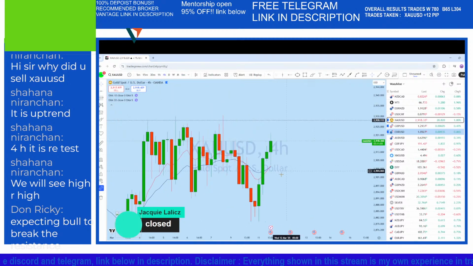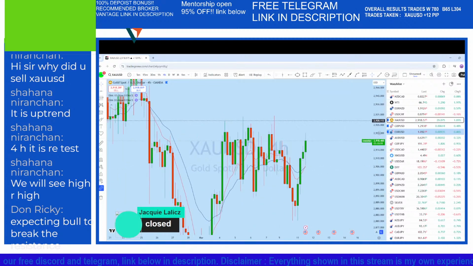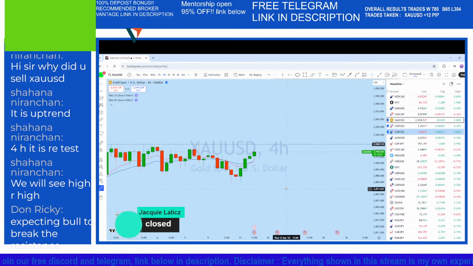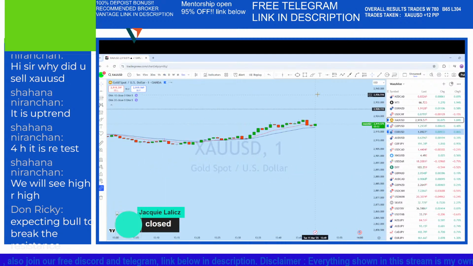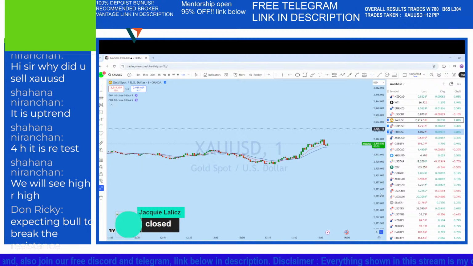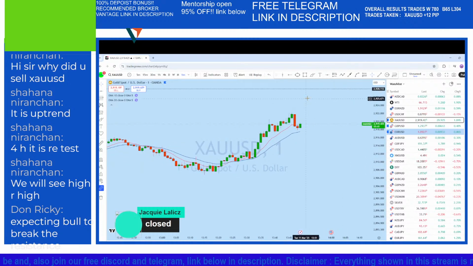You can see that there is a bounce, but at the same time a pullback here. And before news, we could see that the market is going back up to that liquidity zone.